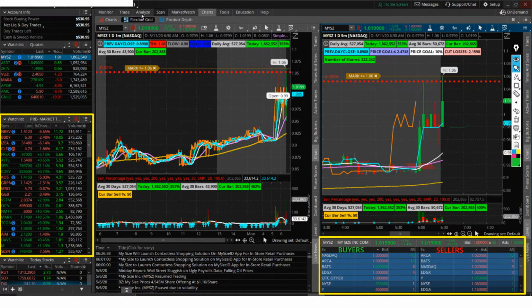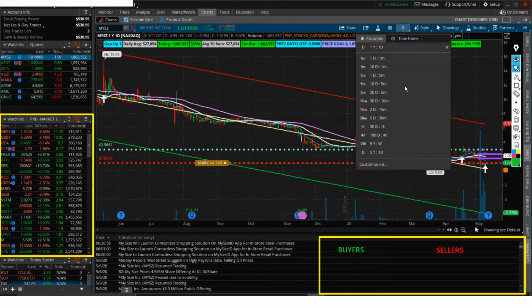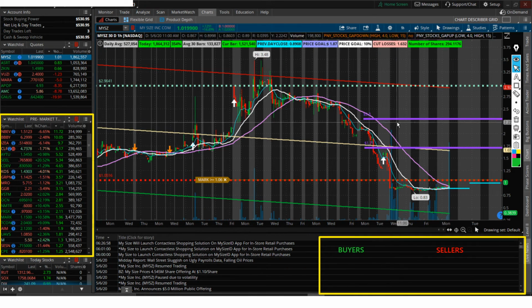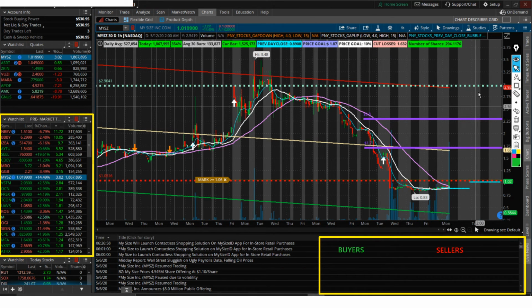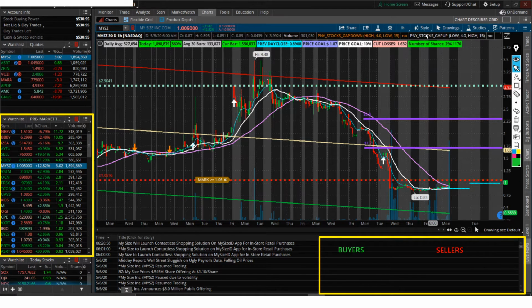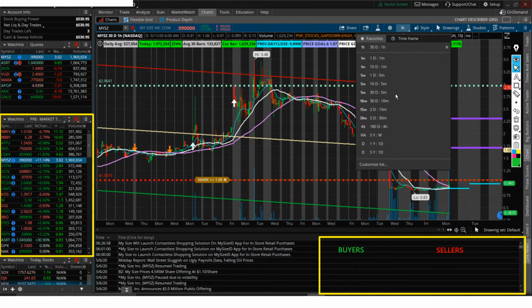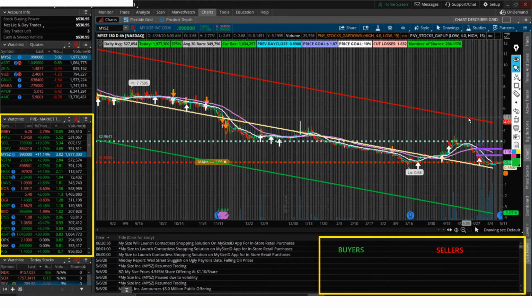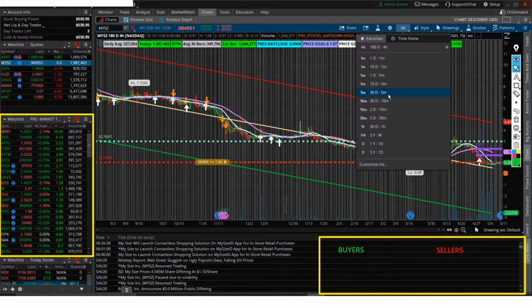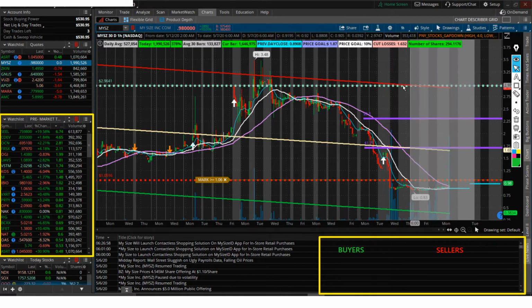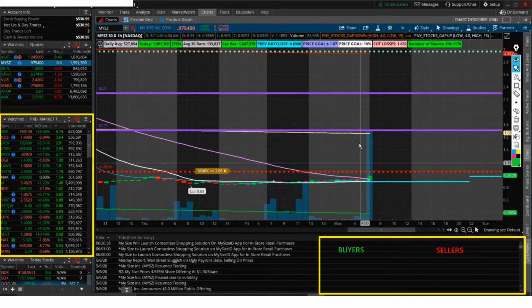So MYSZ. Let's look at the 1 hour channel over here. So definitely it has a lot of potential still, trading over here below this line.